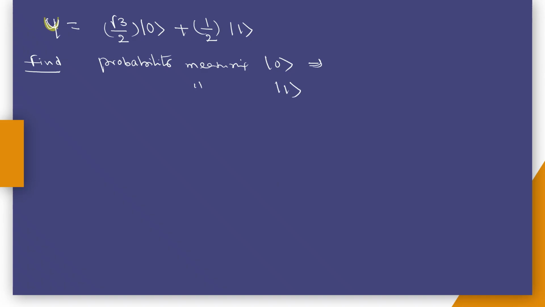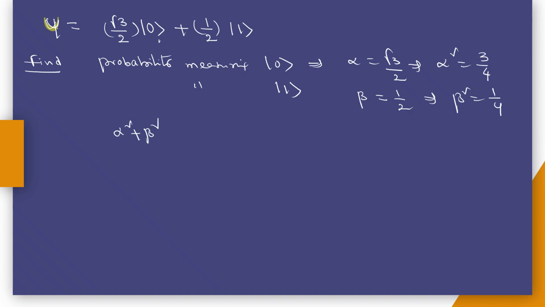As we know, the state 0 probability amplitude alpha is equivalent to root 3 by 2, then the probability is nothing but alpha squared, which is 3 by 4. Whereas for beta, here it is 1 by 2, then the probability, beta squared, equals 1 by 4. Then alpha squared plus beta squared is 3 by 4 plus 1 by 4, which is nothing but 1.